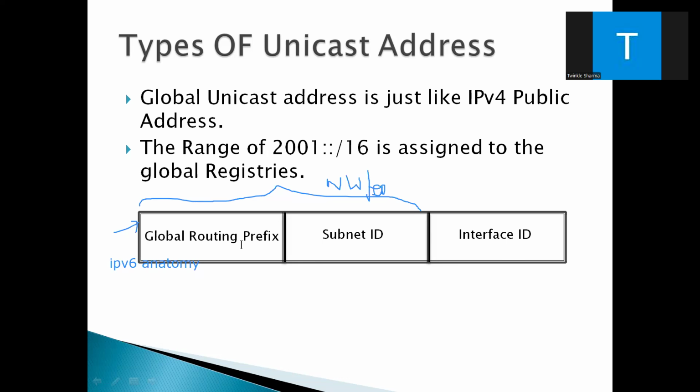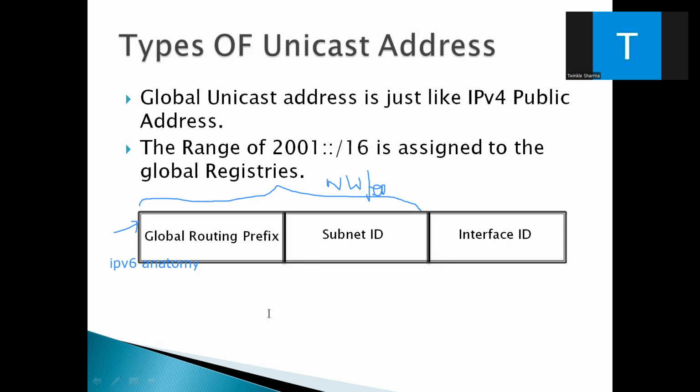RFC 3587 states that out of the 128 bits, the leftmost 3 bits must be fixed as 001. The most significant bits of the global routing prefix are set to 001, 0, that is 2. This is fixed. The other bits will change.